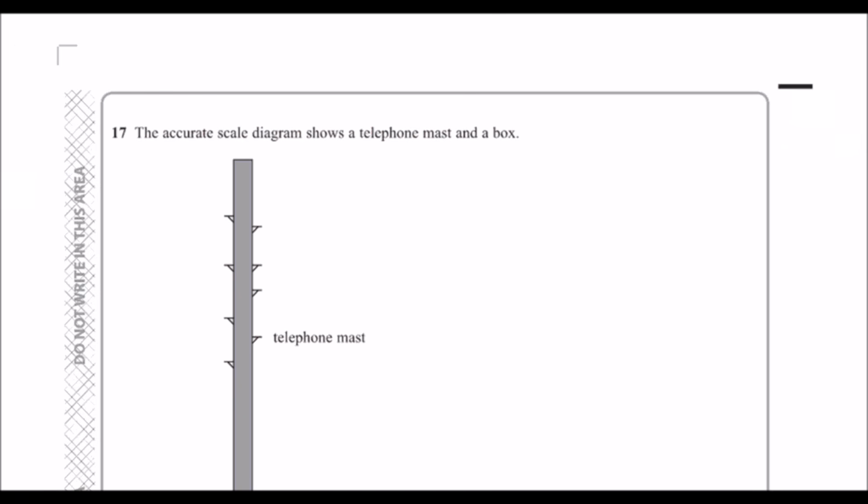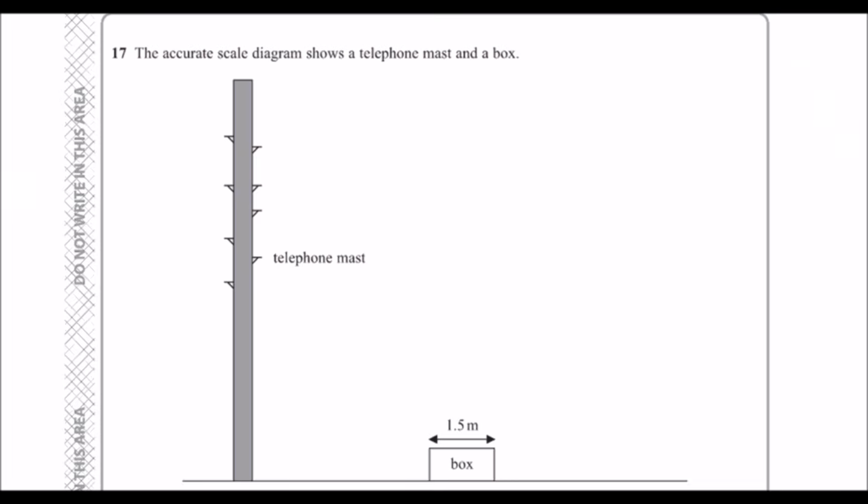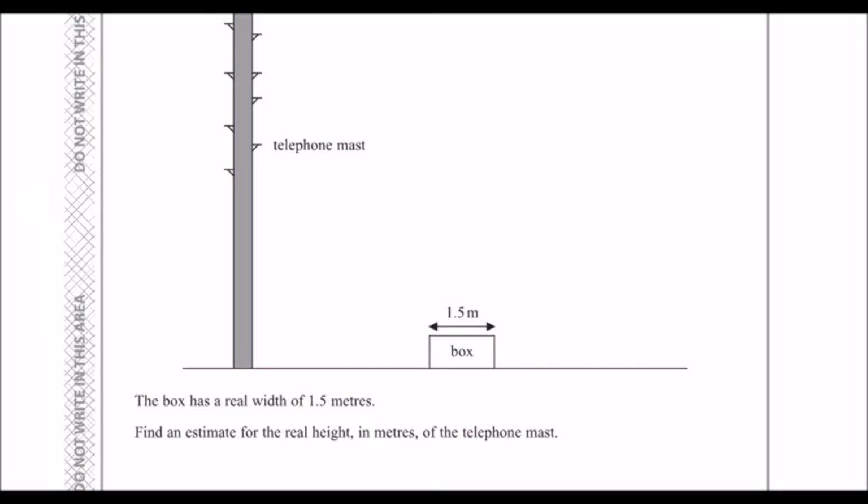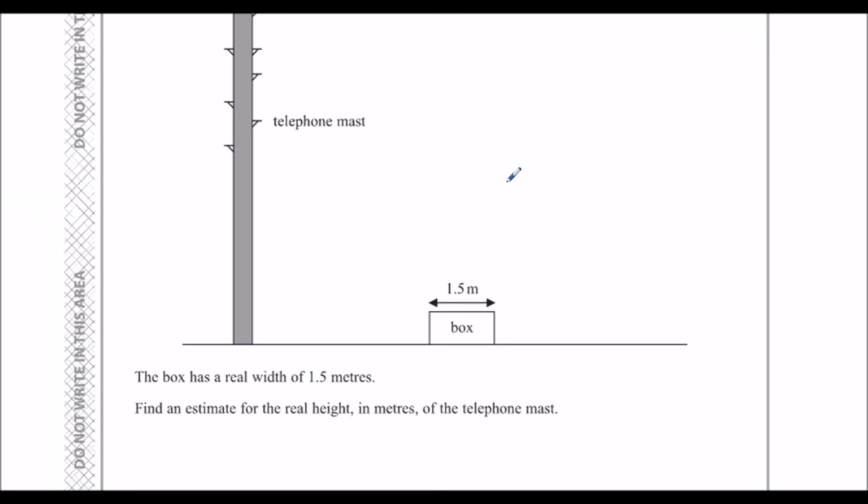Question 17. The accurate scale diagram shows a telephone box and a telephone mast. The box has a real width of 1.5 meters. Find an estimate for the real height in meters of the telephone mast.